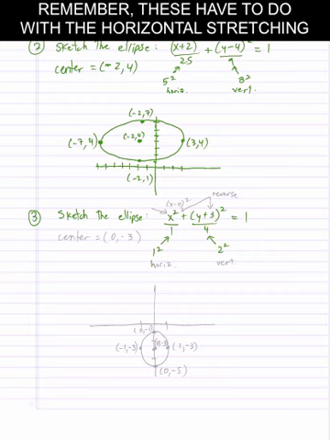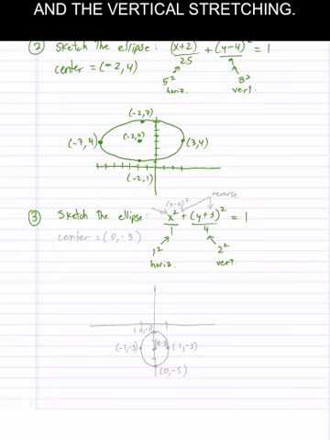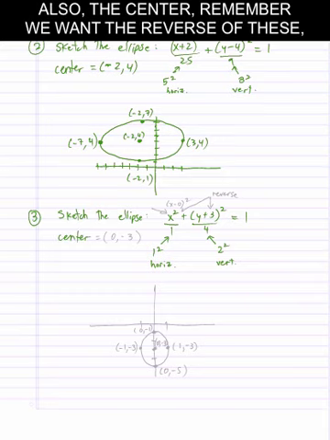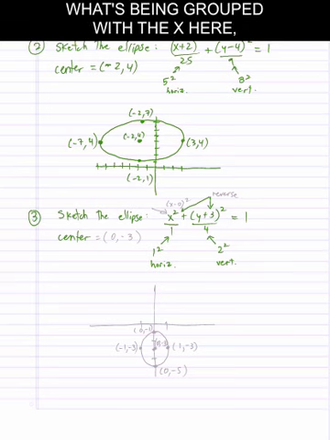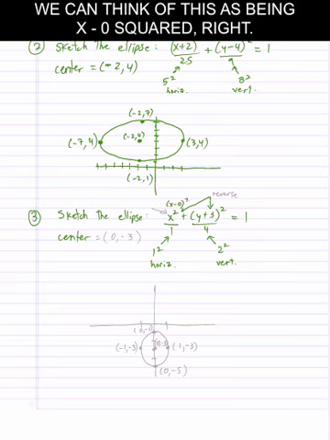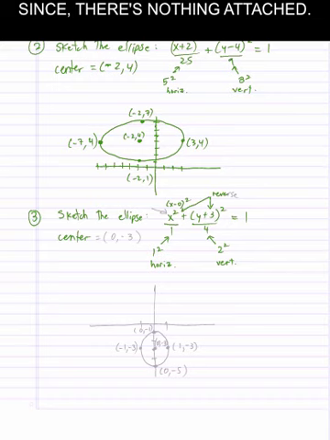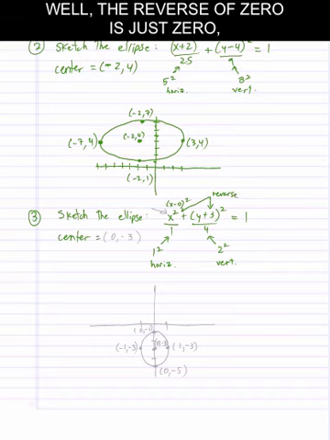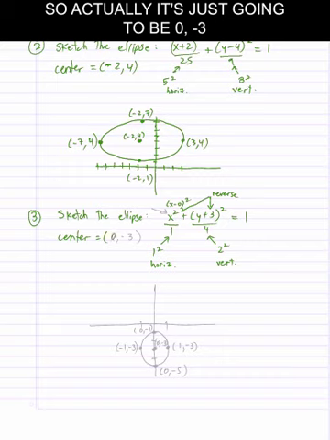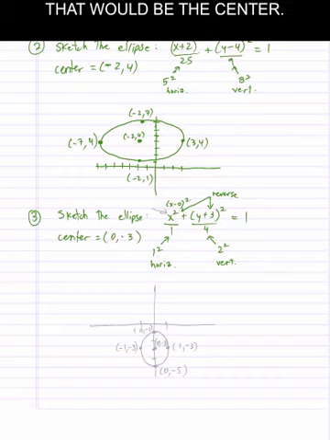Remember, these have to do with the horizontal stretching and the vertical stretching. Also the center. Remember, we want the reverse of these. What's being grouped with the x here? We can think of this as being x minus 0 squared, right, since there's nothing attached. Well, the reverse of 0 is just 0, so actually it's just going to be 0, comma, negative 3. That would be the center.